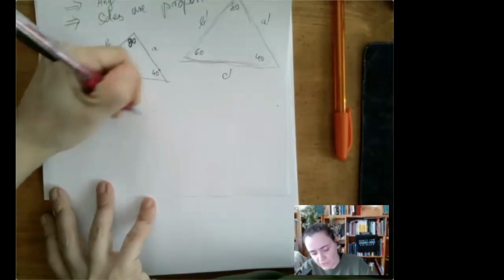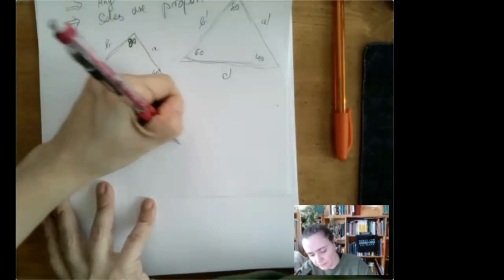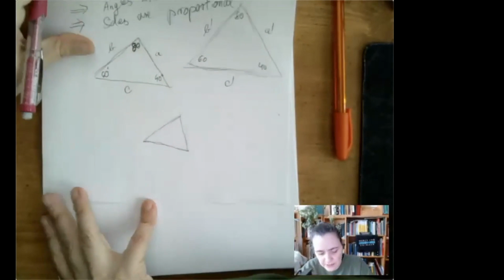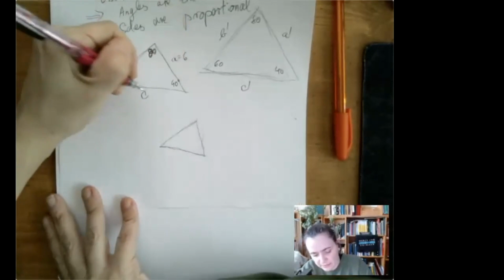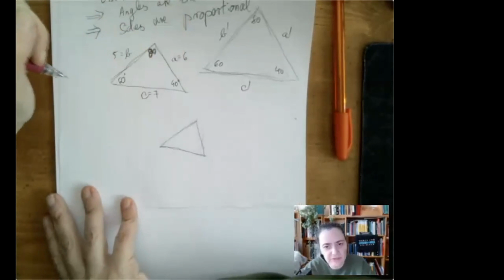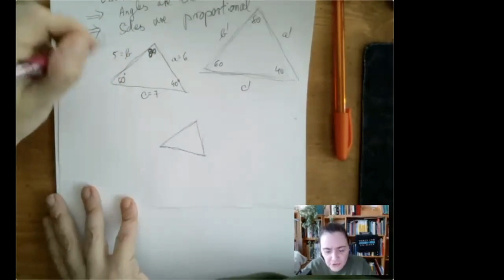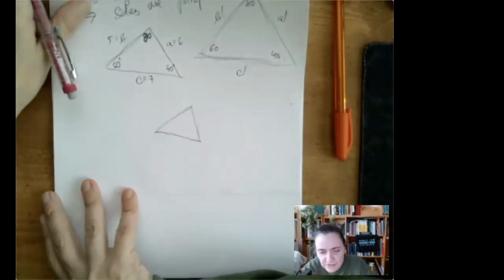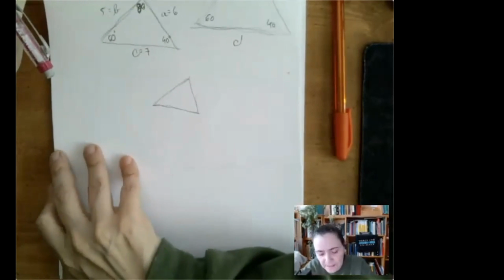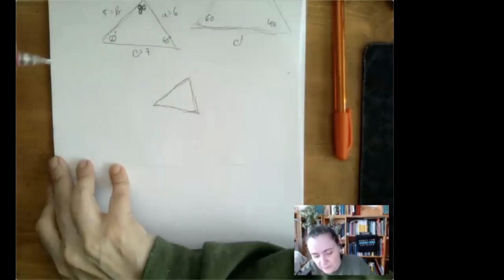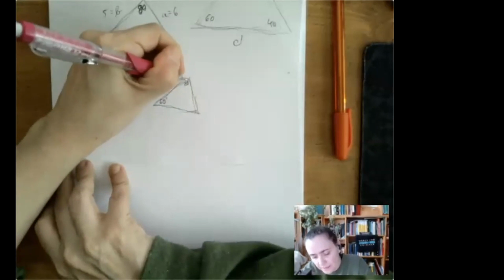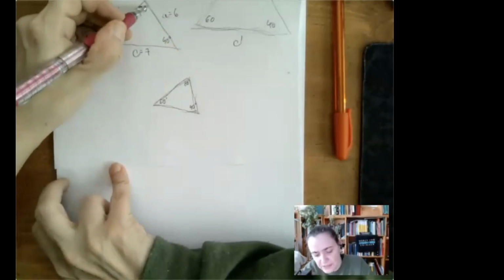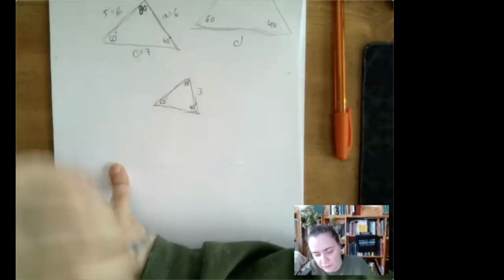Now let's put just random numbers here. If this was, say, 5, and this was 6, and this was 7, and by the way, that's not possible because three angles determine the ratio, so it's probably not that. But let's just go with it for now. And if you want to shrink it down to half, then the angles will remain the same, but the side that used to be 6 will now have to be 3.